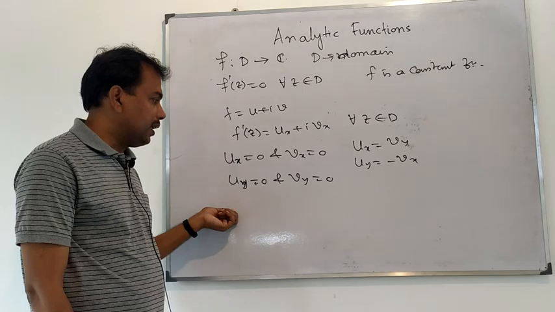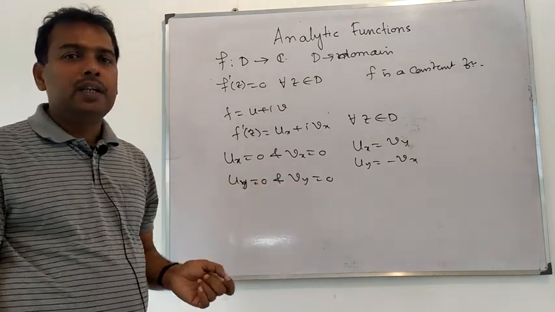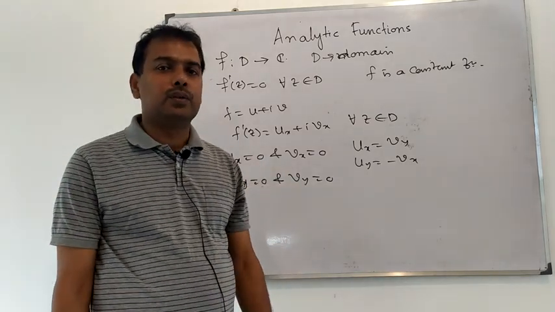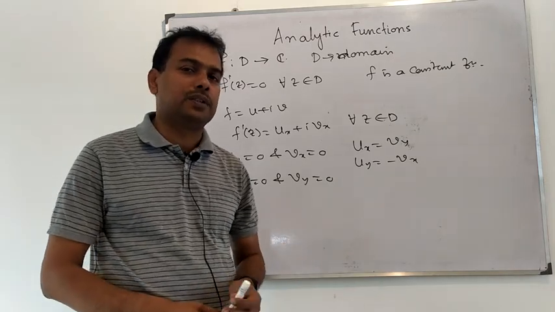That is, u is constant. Similarly, v is constant on D. Since both u and v are constant, u plus iv, that is f, is constant on D.